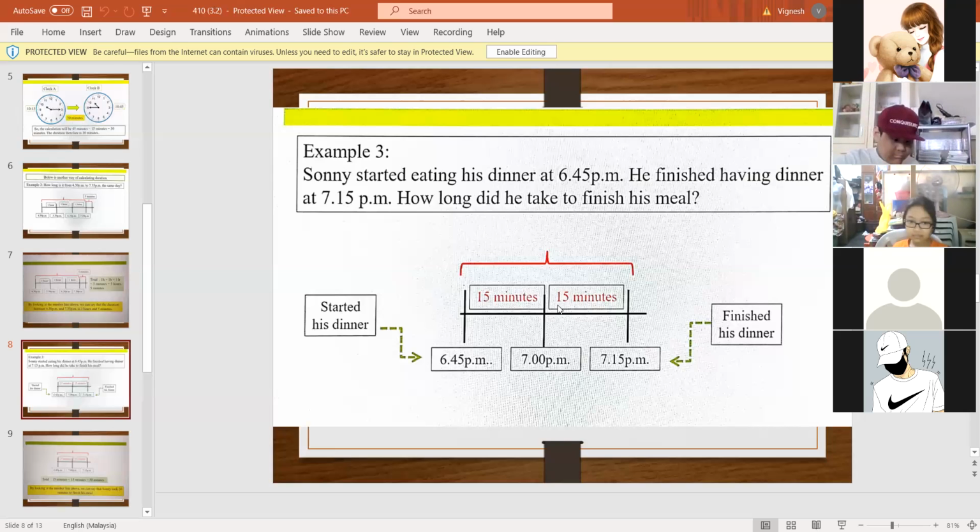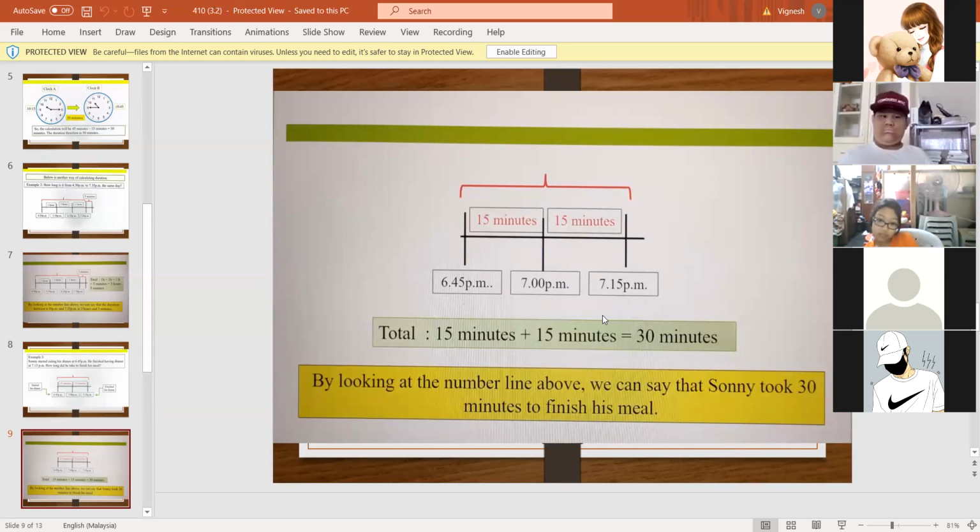6:45 to 7:15. From 6:45 to 7 o'clock is 15 minutes, right? Can you see the timeline here? And then he finished at 7:15, so we still have another 15 minutes, correct? So 15 minutes plus 15 minutes takes 30 minutes.